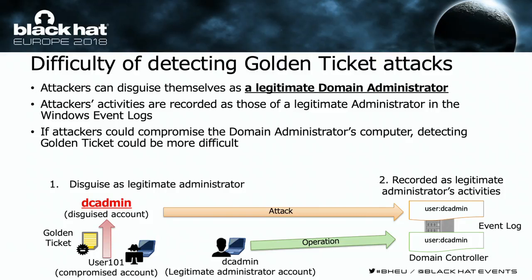And then if they use a golden ticket, they can disguise the account with a privilege like DC admin. And then they use their disguised account on the domain controller. So in terms of domain controller monitoring, it is not easy to tell the difference between usual operation and attacker activities.